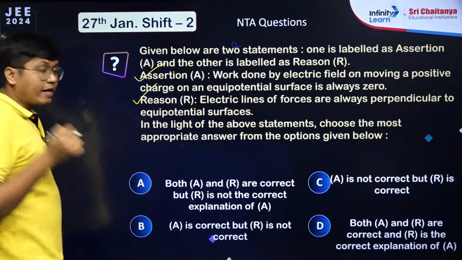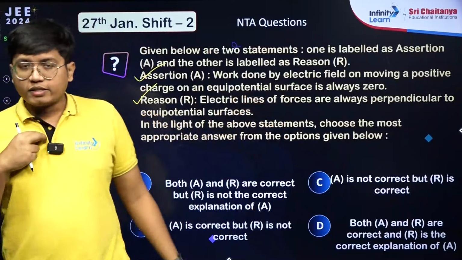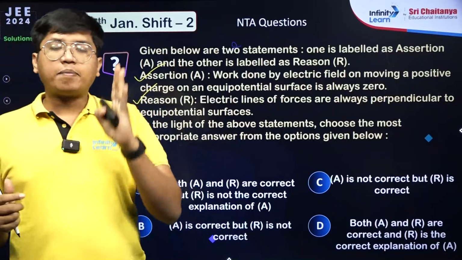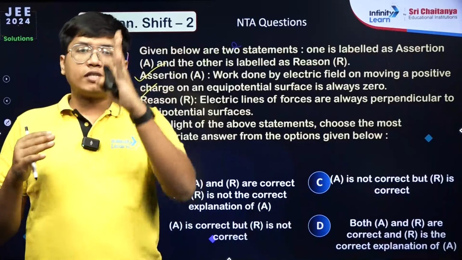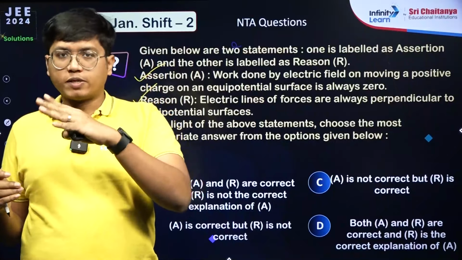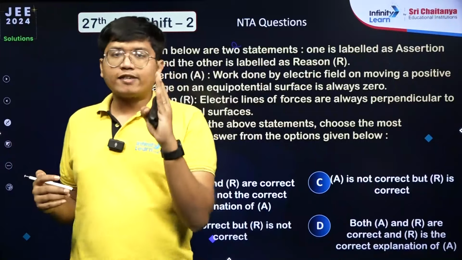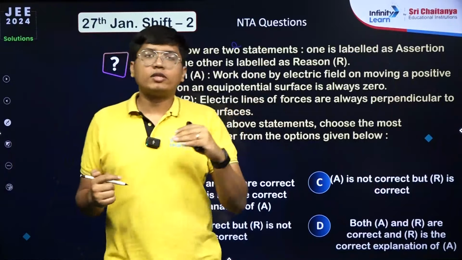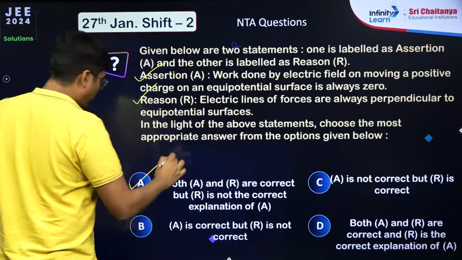This is also correct, and technically this is the reasoning for option A. This is because if electric field lines are perpendicular to the equipotential surfaces, as you move on them, forces are always perpendicular to displacements. The force will be along the line of the electric field. If they are always perpendicular to the displacement, then work done would be 0. So we would go for option A.